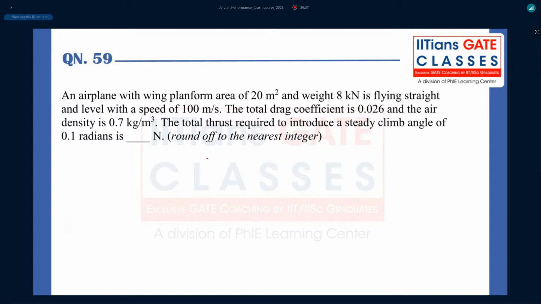Okay. The two equations constitute level flight. For climbing flight, lift is equal to W cos gamma, and thrust is equal to drag plus W sin gamma. Because during climbing flight it is like this.